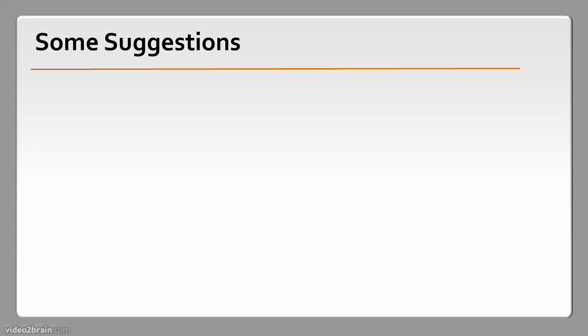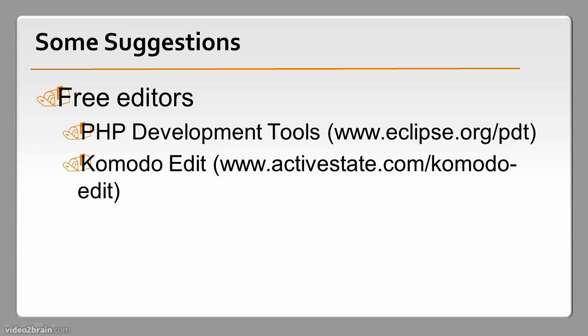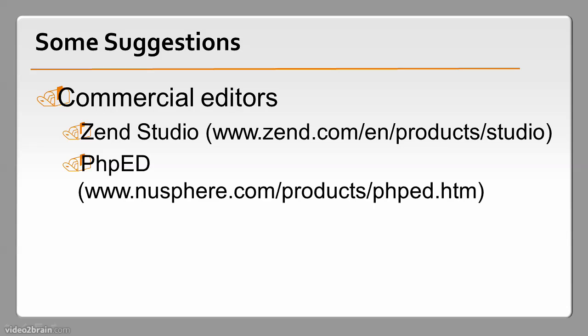Here are some suggestions for script editors that have all those features. Among the free offerings, PHP Development Tools (PDT) and Komodo Edit are good. Zend Studio and PhpED aren't free, but they're dedicated to working with PHP and are worth investigating if you plan to do a lot of PHP work.